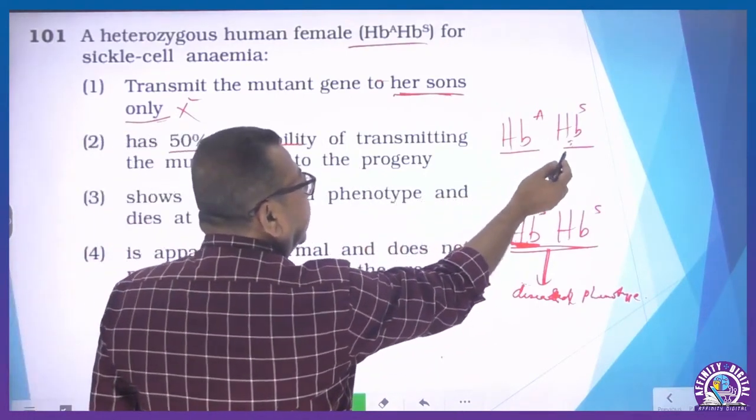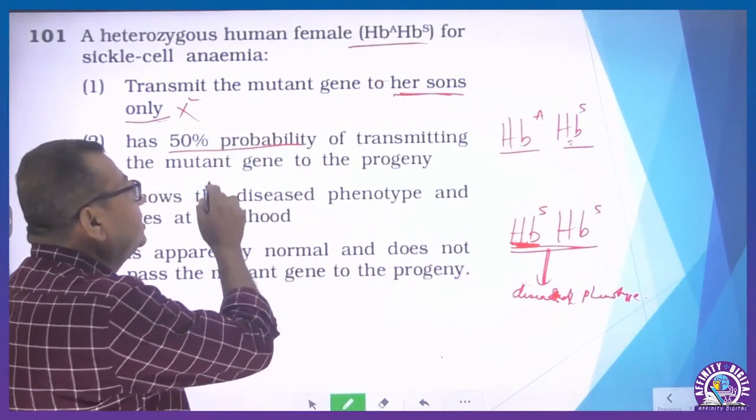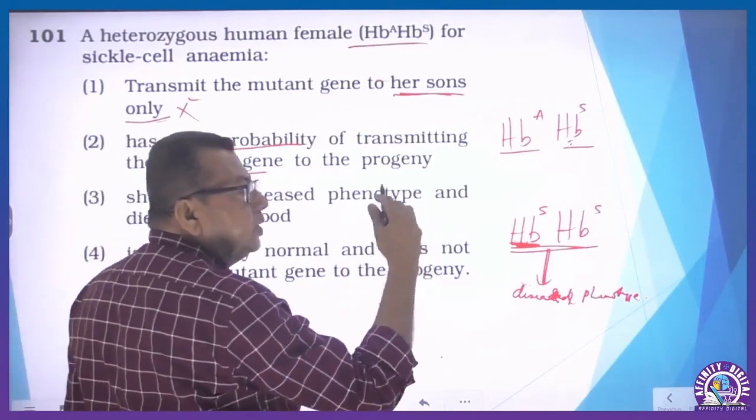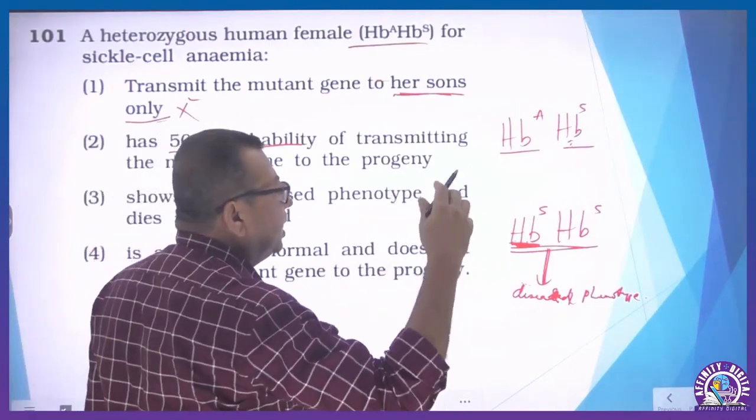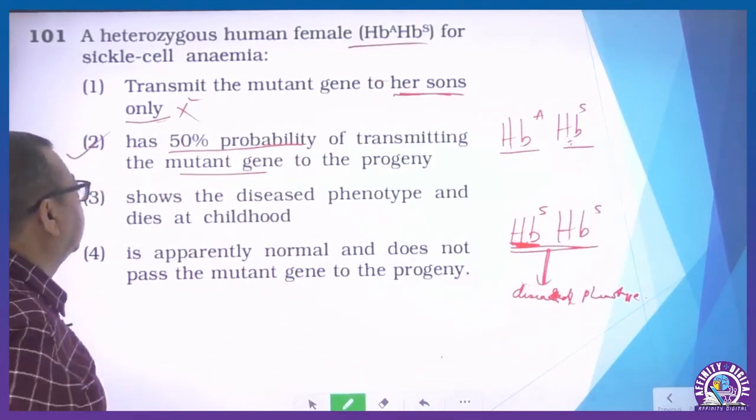A carrier has 50% chance to pass the mutant gene to the progeny, both male child as well as female child. So this option is correct.